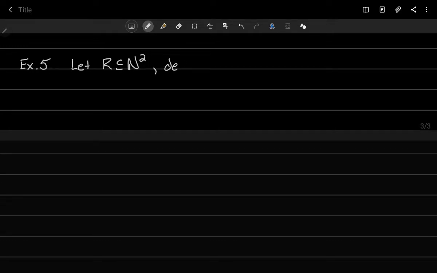We are going to define x R y, so x is related to y, by x divides y. Okay, if you don't remember what that little slash means, that means x divides into y, or y equals x times some integer, in our case natural number, because that's our universe, N.